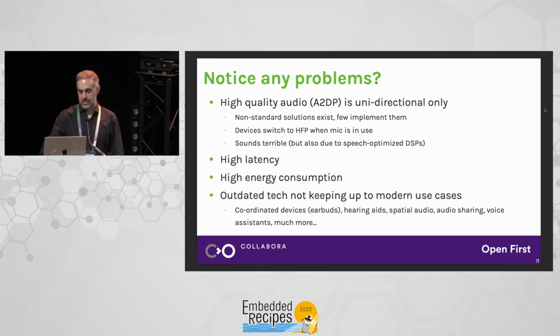And then we have things like hearing aids, which are not natively supported, spatial audio, sharing audio with other headsets, talking to your voice assistant, which is implemented over HFP, but HFP was not intended for that, and more.